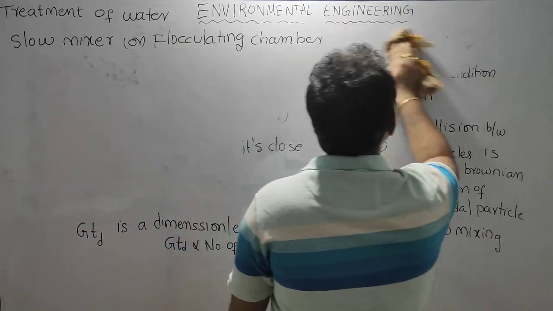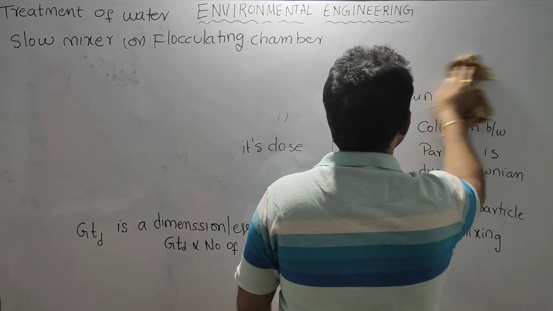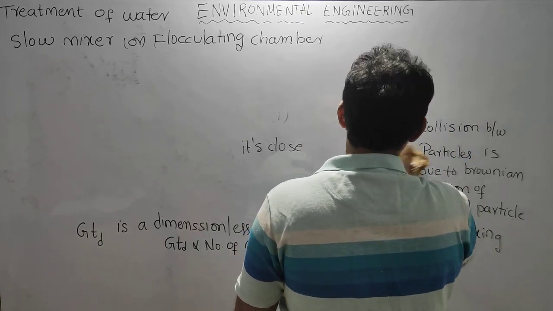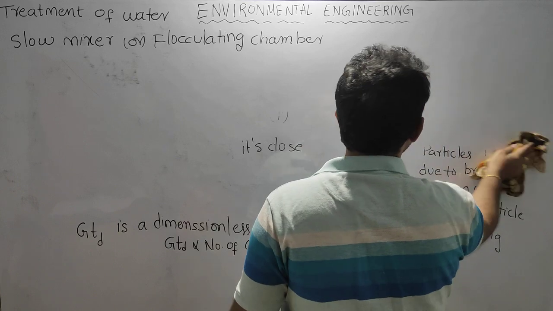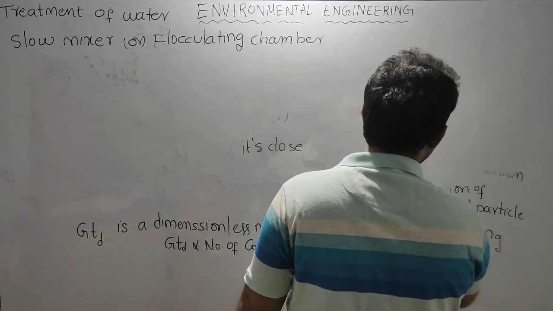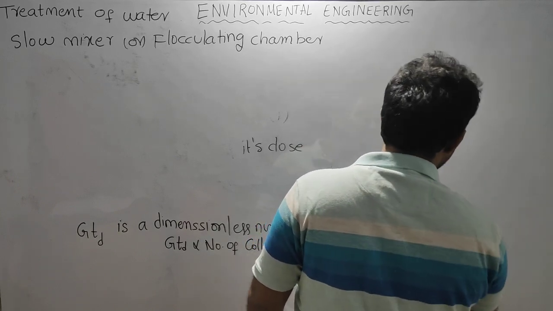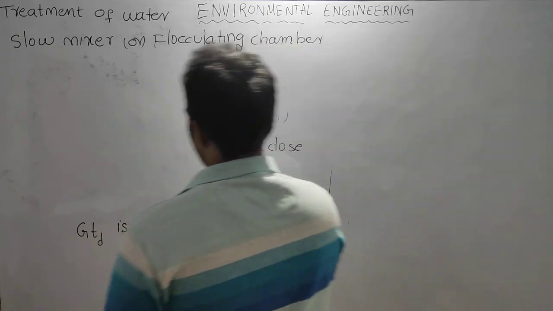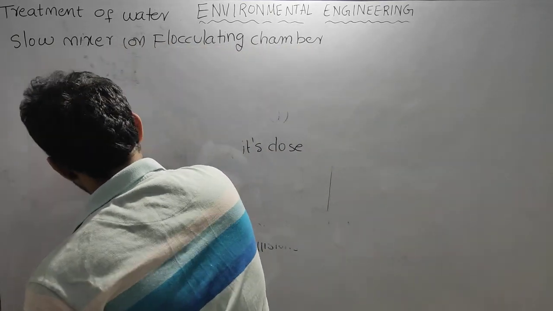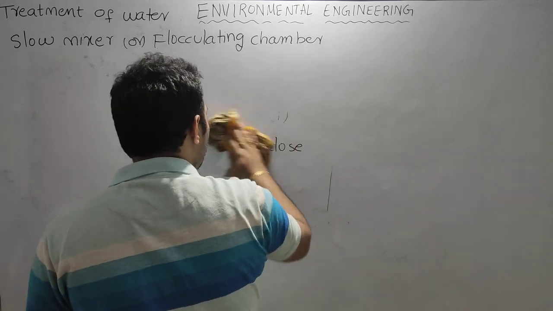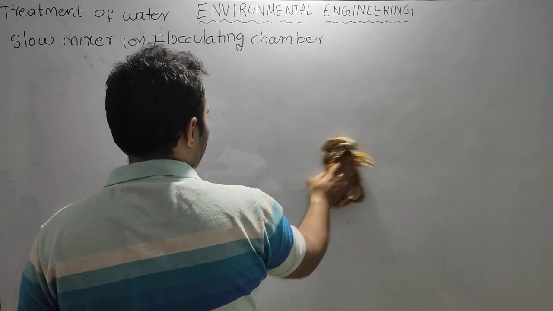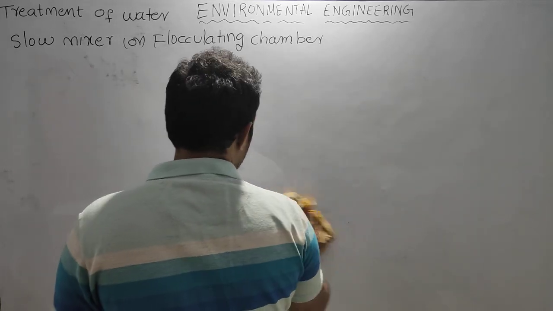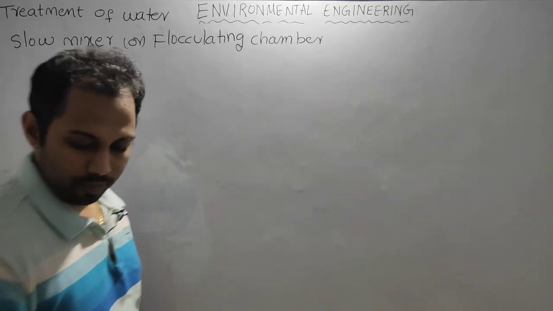So if G is more and TD is less, that means we are giving more velocity gradient within less amount of time, right? When G is more, TD is less means what? We are giving more velocity gradient within a very less amount of time.